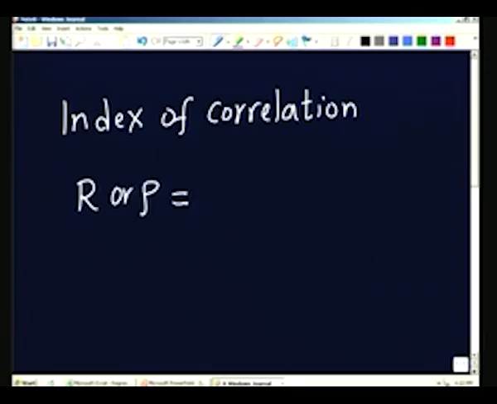From the context it will be clear what we are talking about. It will be plus or minus square root of. I am going to again define such that if this index of correlation is very close to plus 1 or minus 1, I get perfect correlation. If it is very small, I will have to make sure that that represents the poor correlation.